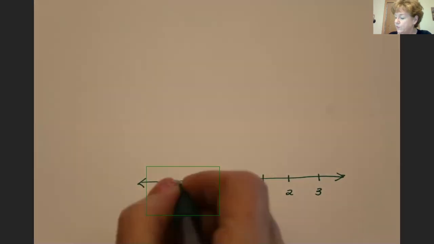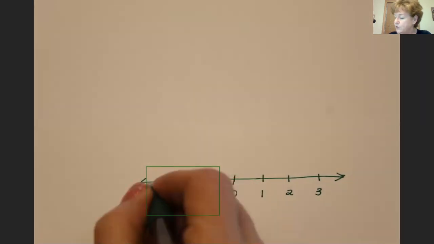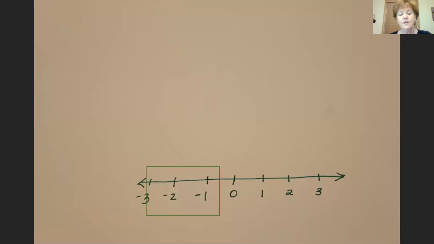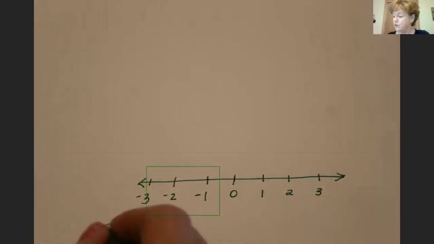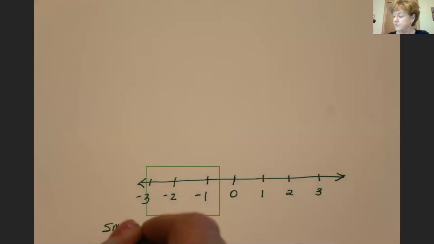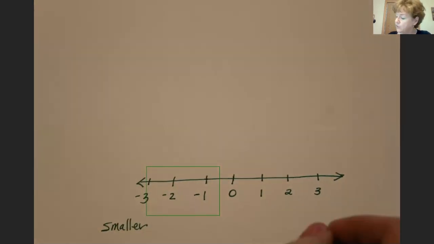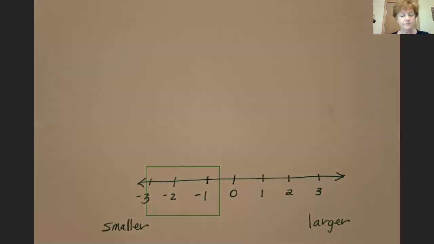The further down you go to the left on the number line, the smaller the numbers become. So your smaller numbers are to the left, and your larger numbers are to the right. Any number can be put on this number line somewhere.